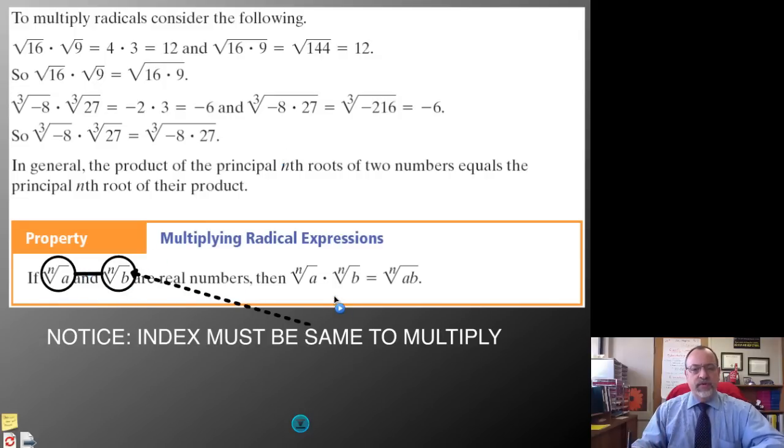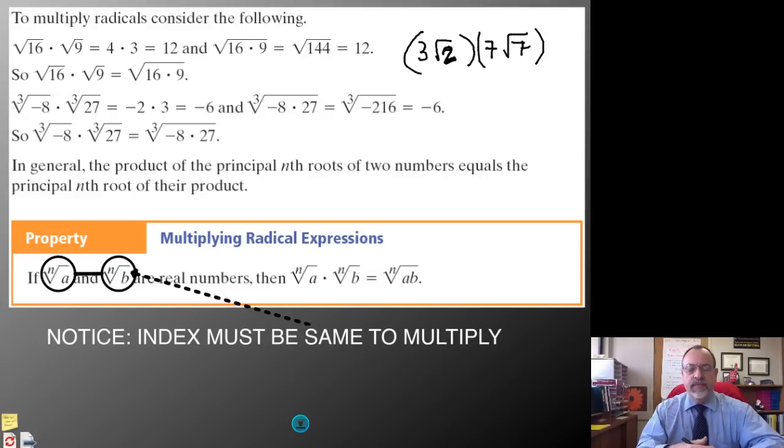The only other thing I want to remind you of is that when we're multiplying radicals together, and let's say we have numbers in front of the radicals, so let's say we have 3 radical 2, and we're going to multiply that times 7 radical 7, let's say. Radicals are kind of like variables, and we treat them like variables with many of the operations that we do, and we'll talk more about that when we're adding them.